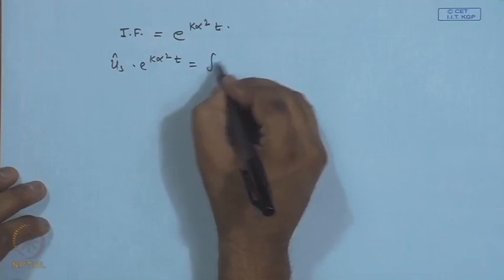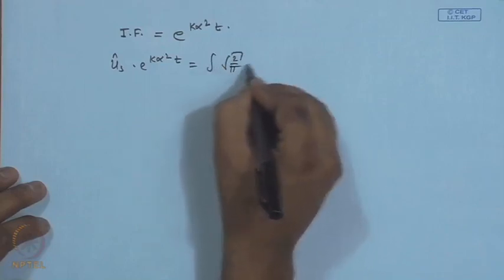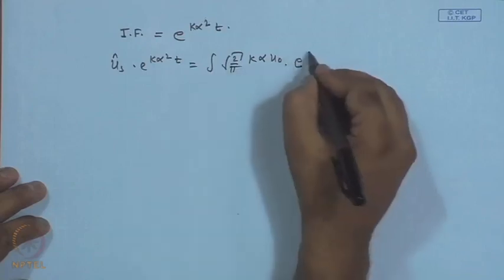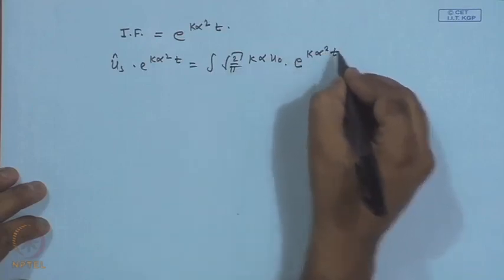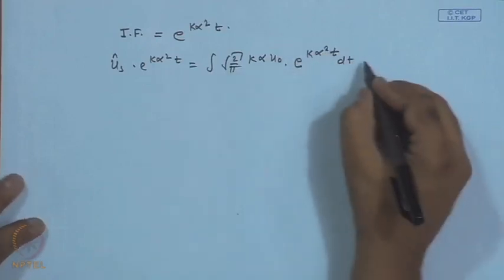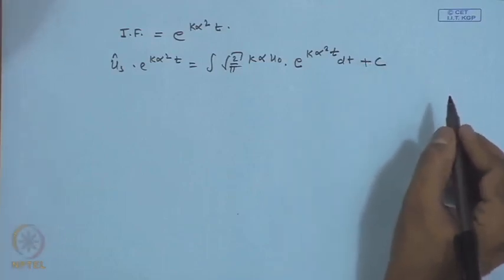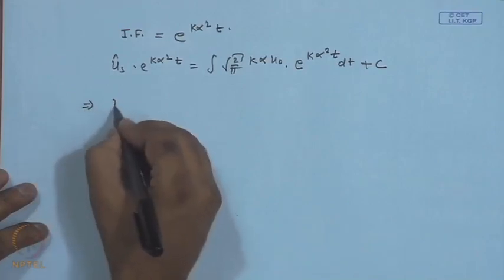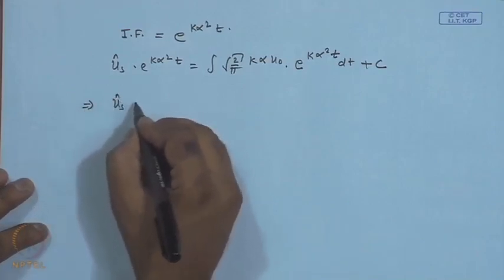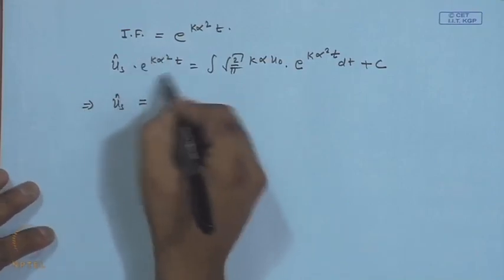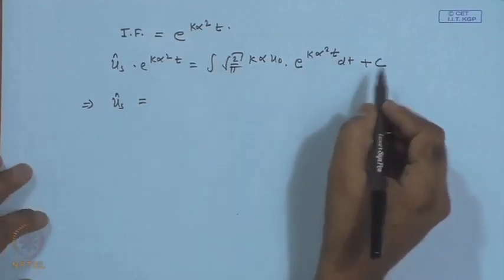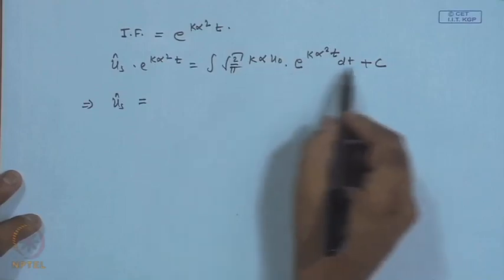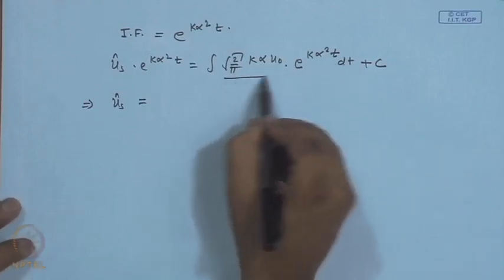On the right hand side we have square root 2 over pi, k alpha u naught, and e to the k alpha square t dt, plus a constant, or we have u s hat. This we can take to the right hand side. So, e to the k alpha square t, if we integrate this with respect to t, this constant is anyway there.